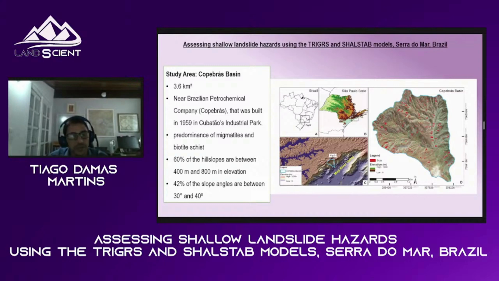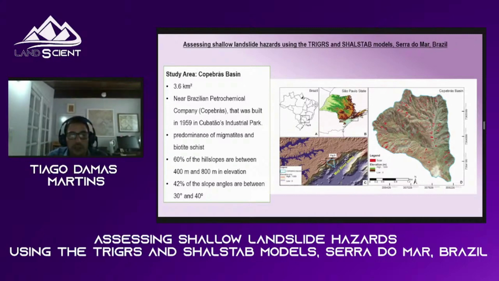This is something curious. Serra do Mar varies in elevation depending on where you are. In São Paulo specifically, the altitude is not as high as in Rio de Janeiro or in Paraná. So Serra do Mar reaches higher altitude in other points.